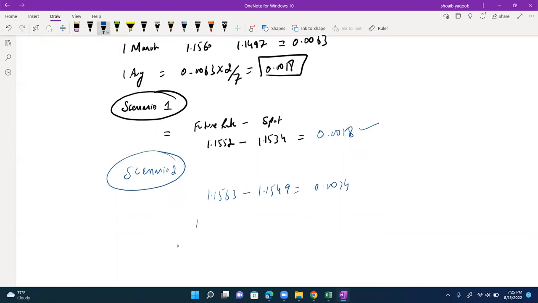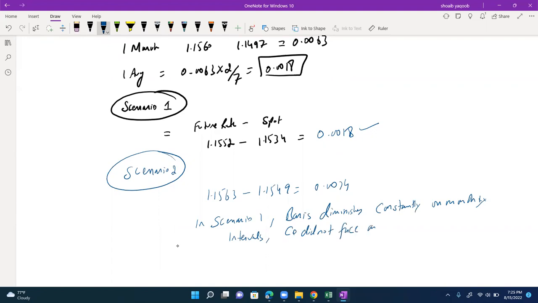You can write that in scenario 1, the basis diminishes constantly on monthly intervals and the company did not face any basis risk, as the answer is the same.